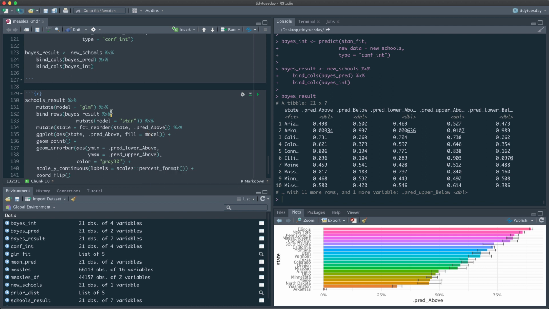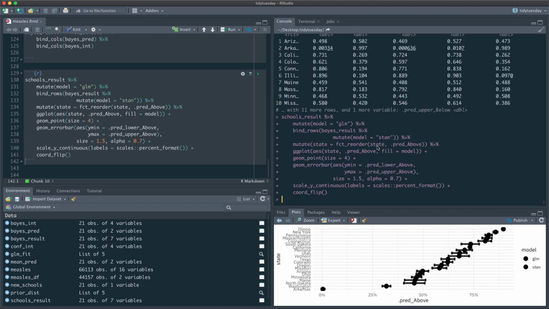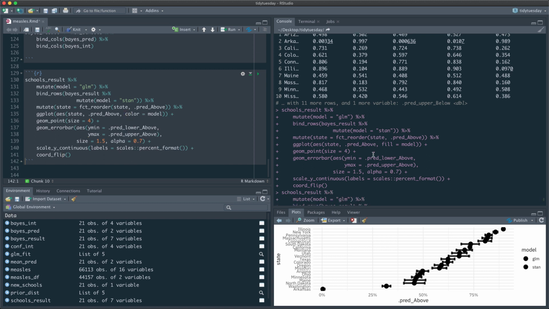Let's take this off so that the error bars are the same color as well. These are probably going to need to be big to look nice, and let's make this a little wider and a little see-through, because that's usually nice. And let's see what this looks like here. Oh, that color equals model, like this.